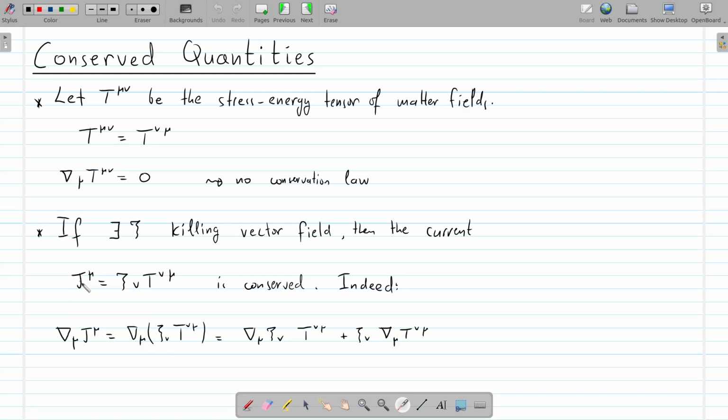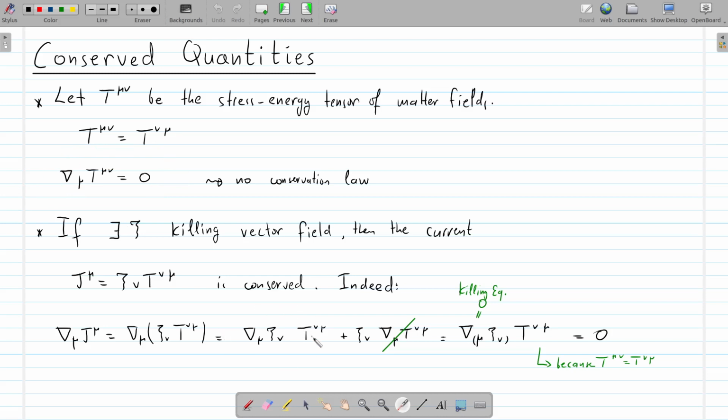If we compute the divergence of this vector field, this current, we substitute the definition here, and we apply the Leibniz rule. But the second term vanishes because of our assumption that the divergence of T mu nu must vanish.